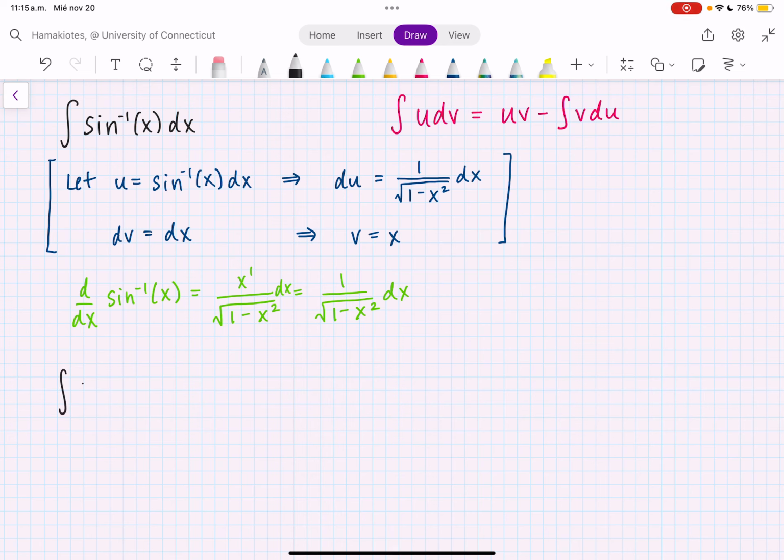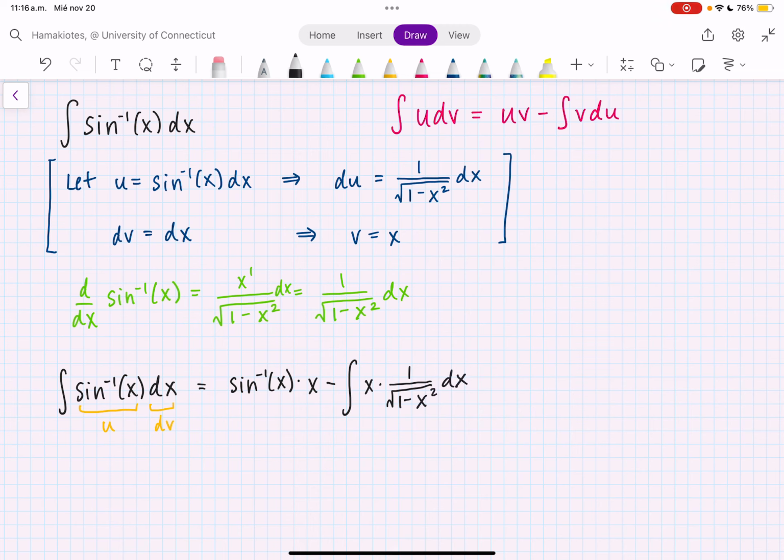Okay, now I can use u, dv, du, and v to set up my integration by parts. So the integral of sine inverse of x dx, where this is u and this is dv, is equal to u, which is sine inverse of x, times v, which is x, minus the integral of v, which is x, times du, which is 1 over the square root of 1 minus x squared dx.